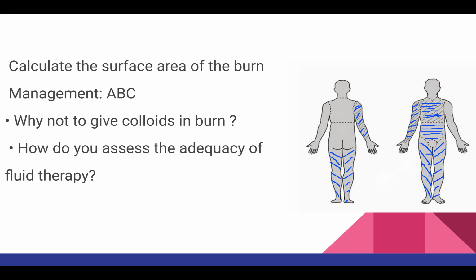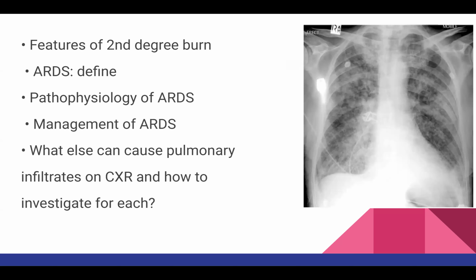There can be loss of proteins, kidney injury. ARDS can occur. Okay. So 4 days later, the patient developed tachypnea with a respiratory rate of 28 and oxygen saturation dropped to 88. So what will be your diagnosis? Looking at the X-ray and keeping in mind the history that I have provided.